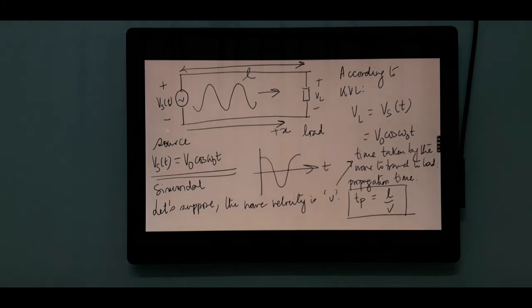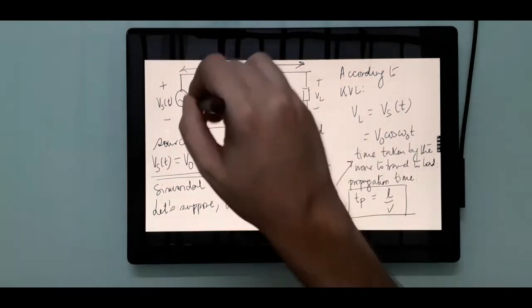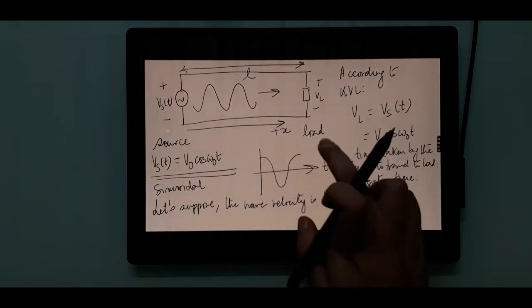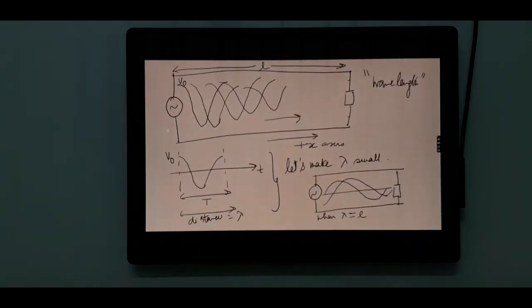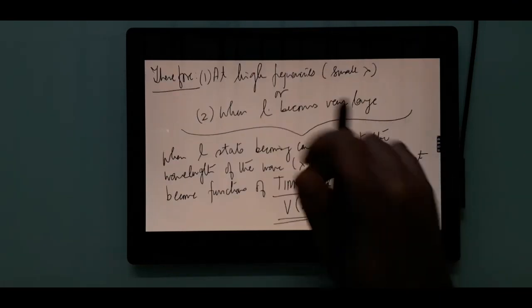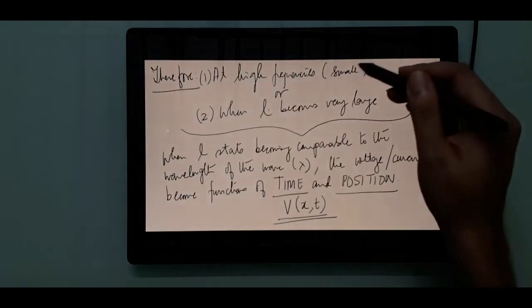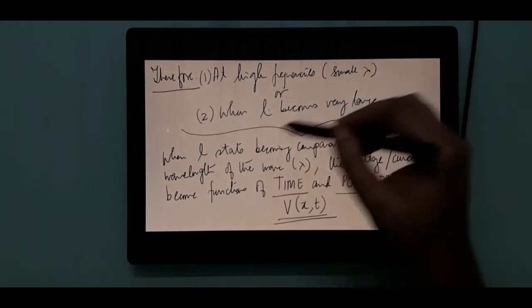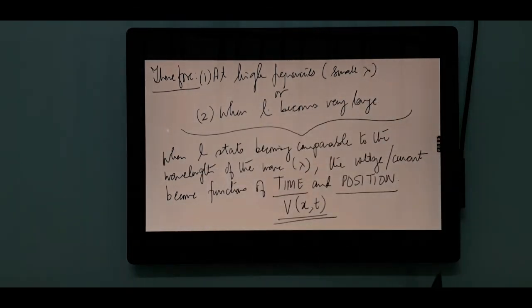We then established that when we apply KVL, we essentially use only time. We don't have any knowledge of position. But if the conditions are such that the time taken by the wave to travel from the source to the load is significant, and this can happen under two conditions: one is when the frequency becomes very high, that is the wavelength becomes very small, or when L becomes very large and starts becoming comparable to the wavelength.